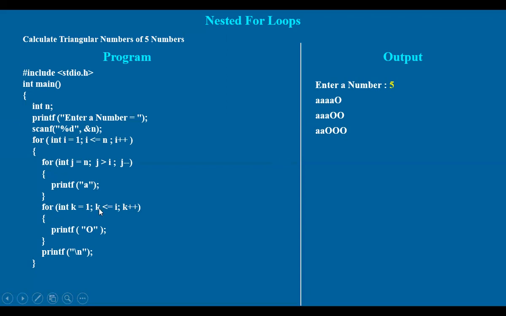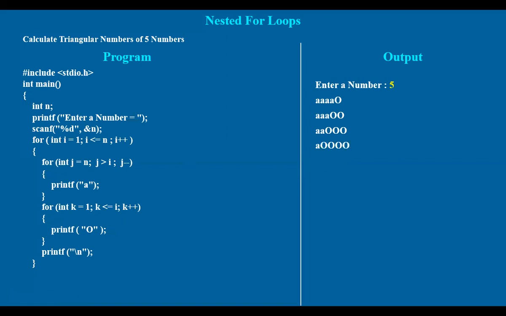So K value will be less than or equal to 3, and this loop will be executed 3 times. So 3 times you are going to have this 0. Now next line. This time only 1. 4 zeros, because I value becomes 4, you are going to have 4 zeros here.